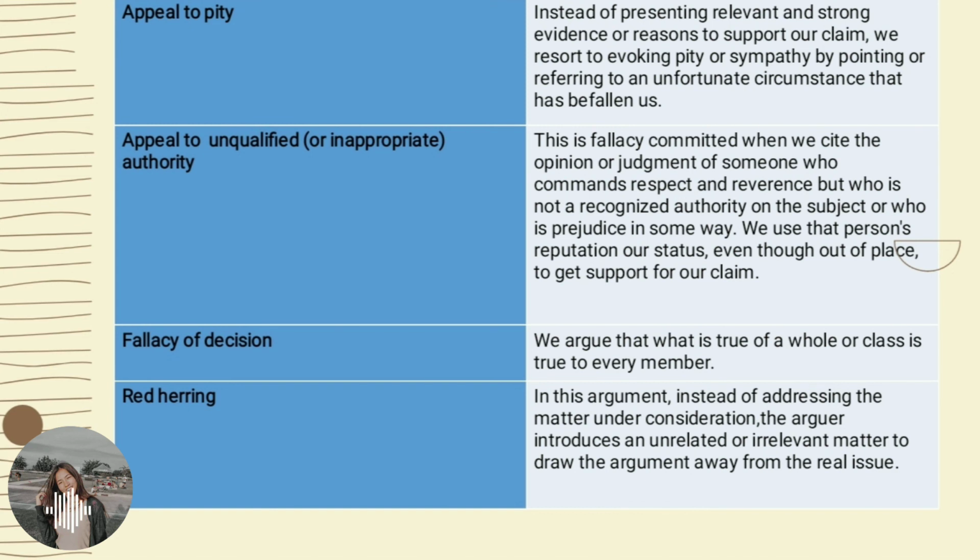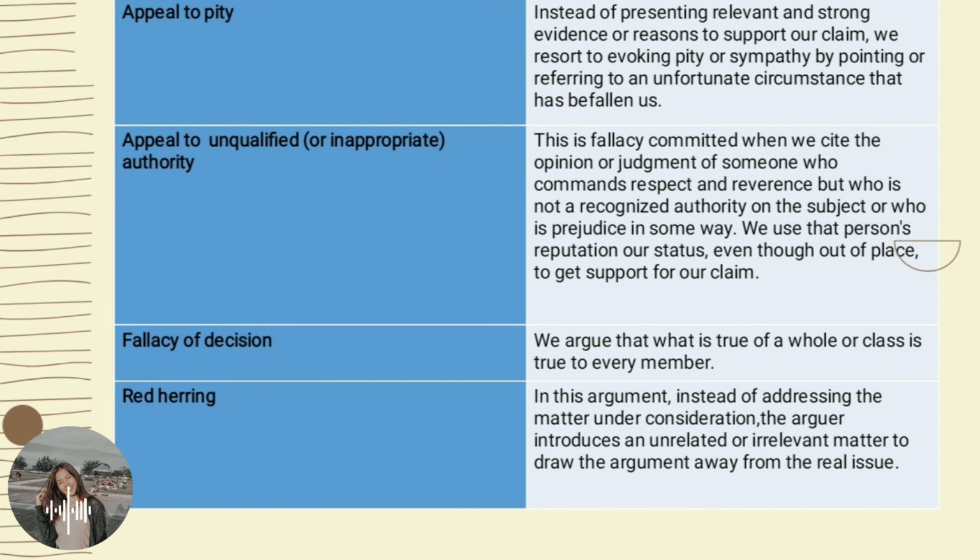Red herring. In this argument, instead of addressing the matter under consideration, the arguer introduces an unrelated or irrelevant matter to draw the argument away from the real issue. This is the type of reasoning that diverts the issue to something else, away from the real issue.